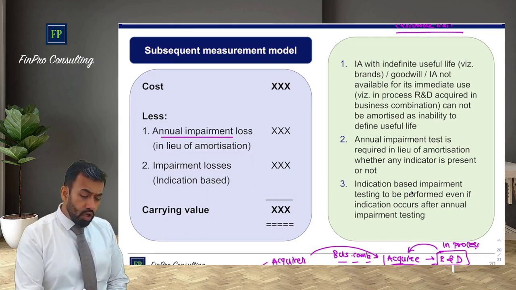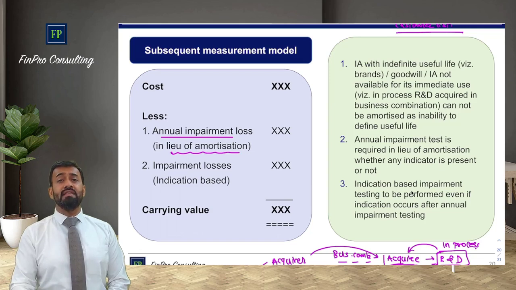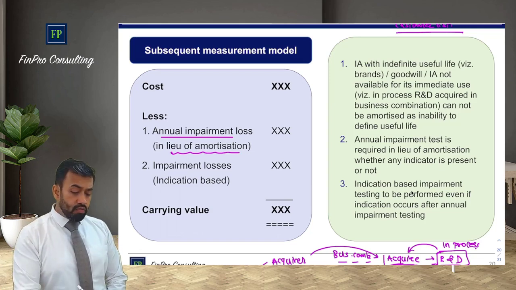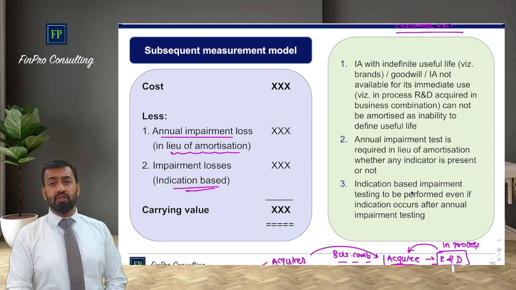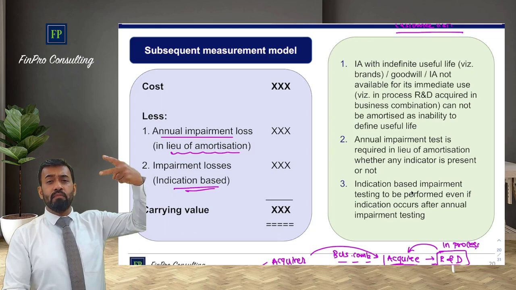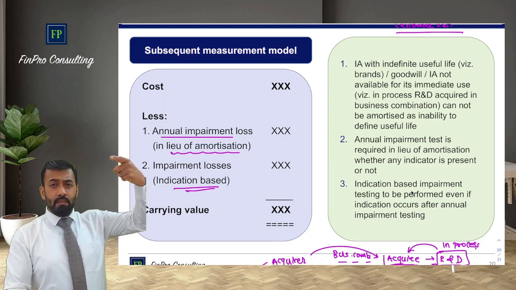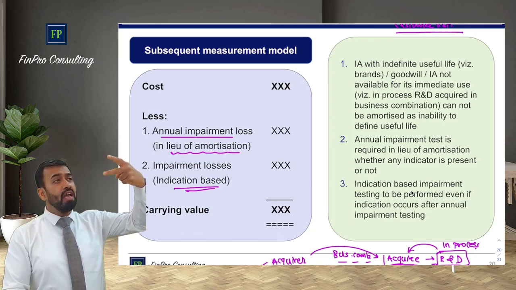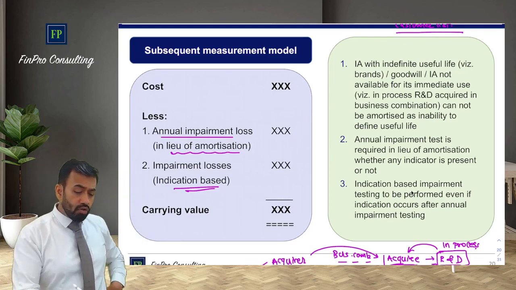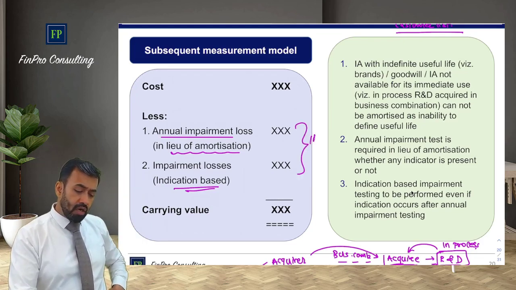This is in lieu of amortization: you have to test this asset for impairment. And the second level of impairment is whenever there is an indication. So first is annual impairment testing, second is indication-based impairment testing. Annual impairment testing is in lieu of amortization. Indication-based impairment testing is as it is. Correct? Both of these are mentioned under IAS 36 as well.